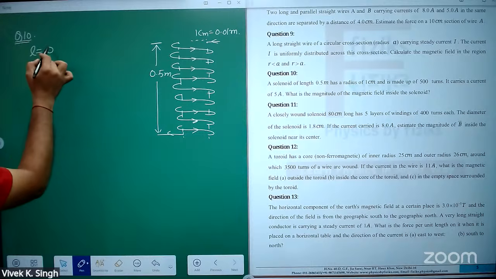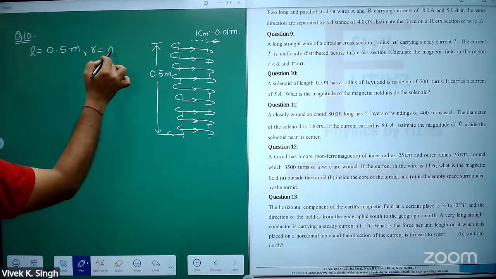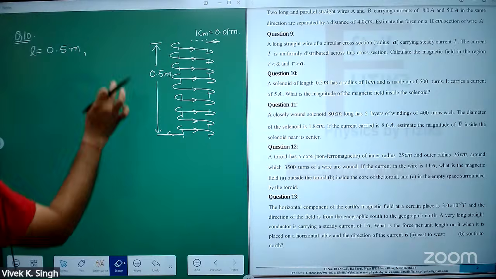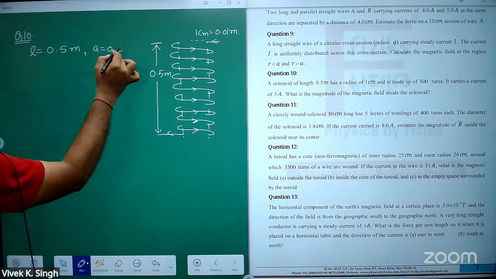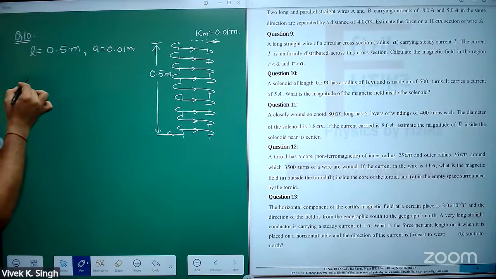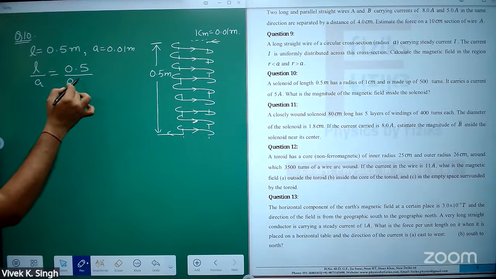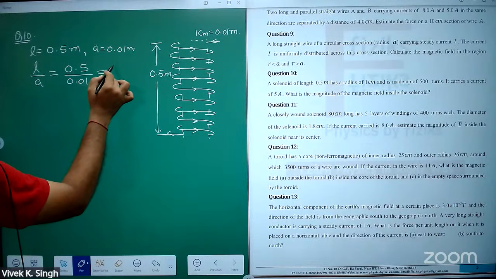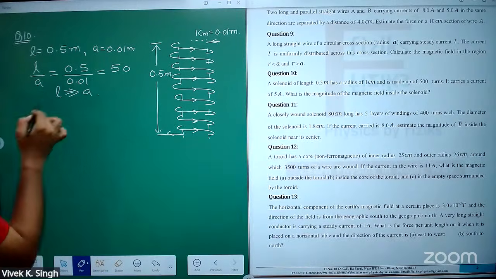Length is 0.5 meter and radius A is 0.01 meter. So what will be L by A? 0.5 by 0.01, if you multiply with 100, this is 50. So L is far, far greater than A.